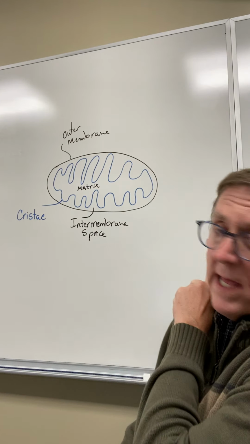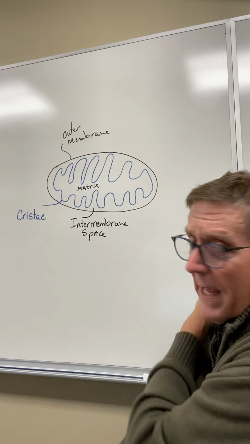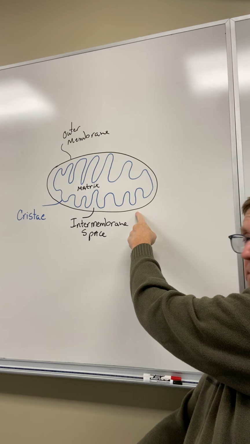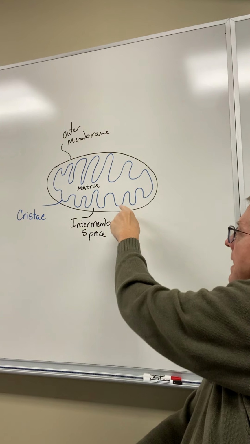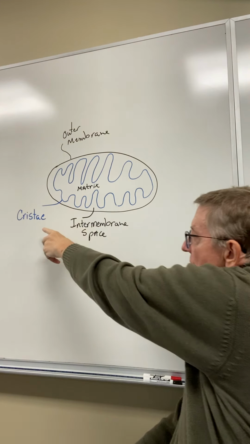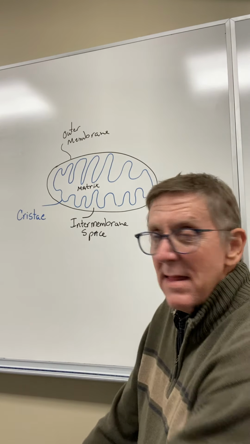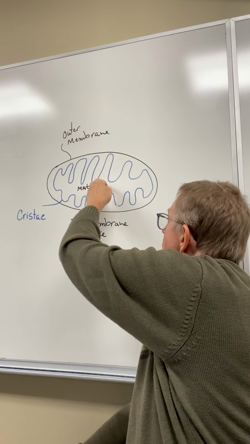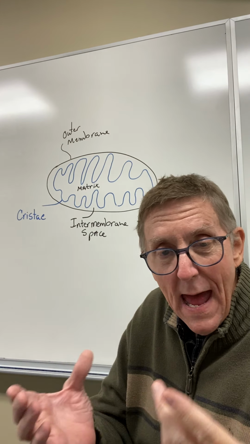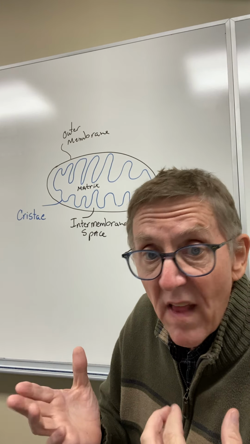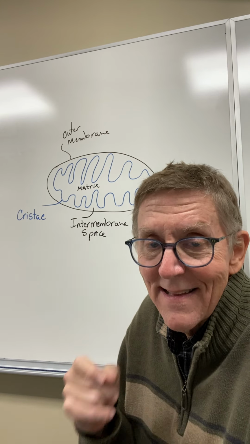And so when we look at this diagram of a mitochondria, you can see it has an outer membrane, and then it has this inner membrane that has its own name. It's called a cristae. And in the very middle of the mitochondria, we're going to call that the matrix. Sounds like a movie, doesn't it?